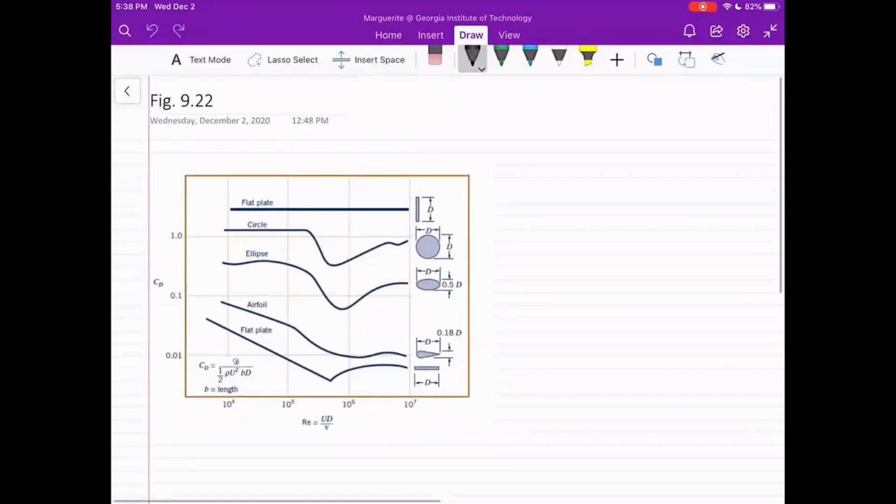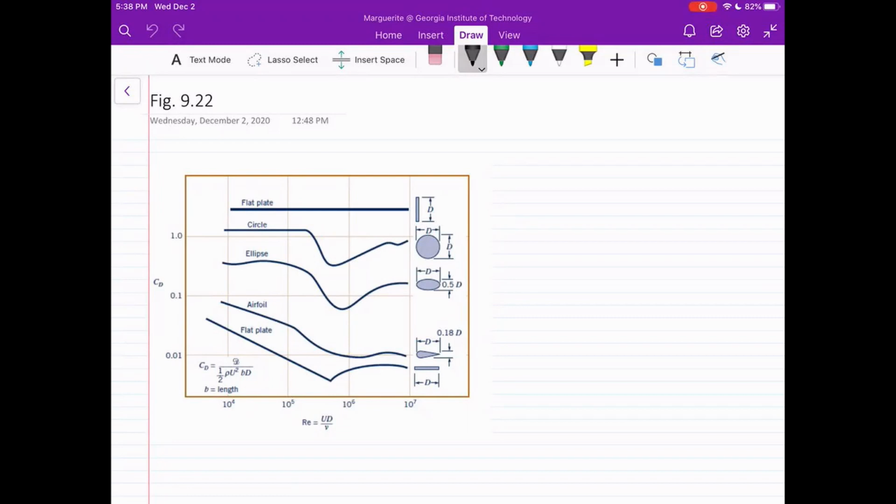Okay. So this is an example of the kind of tables you can use to determine your coefficient. This is the drag coefficient for differently shaped two-dimensional objects, compared at different Reynolds numbers. I'm going to talk you through some of these.